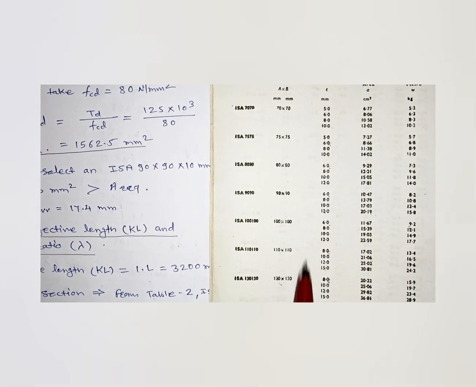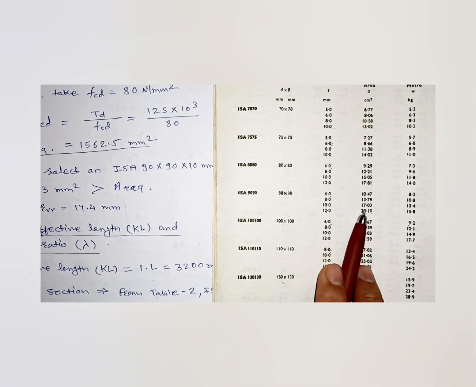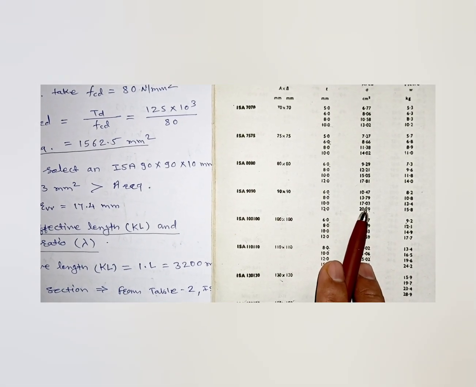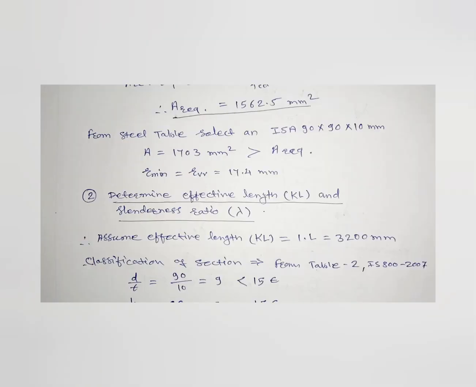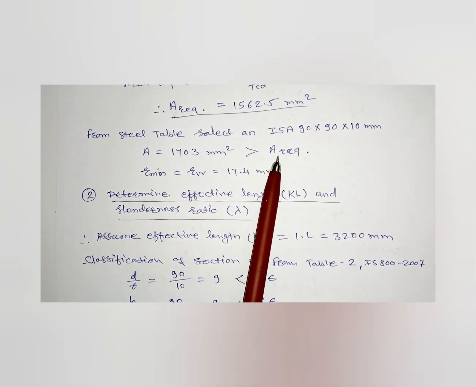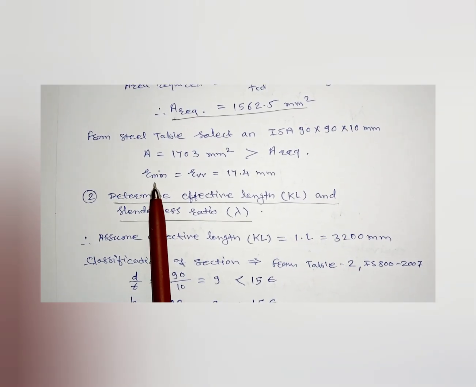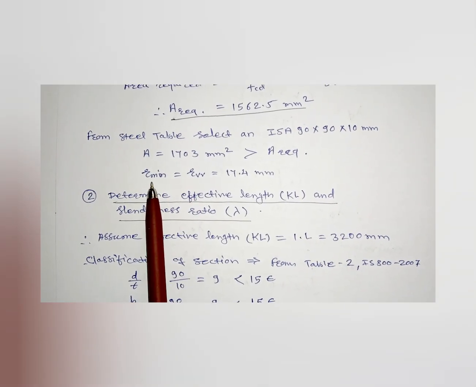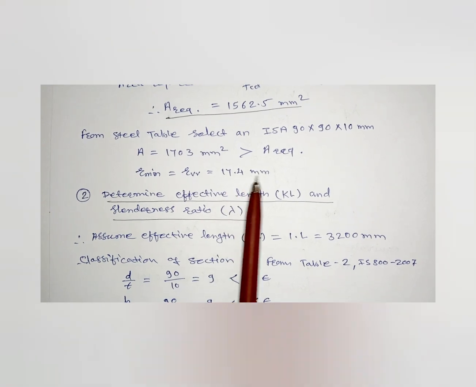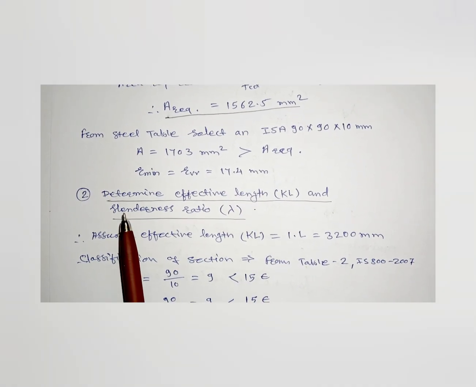Okay, so I am assuming here ISA 90 by 90 by 10. Its sectional area is 1703 mm square. We also have to determine its radius of gyration value, that is r minimum. It is 17.4 mm. It is also given in that steel table.